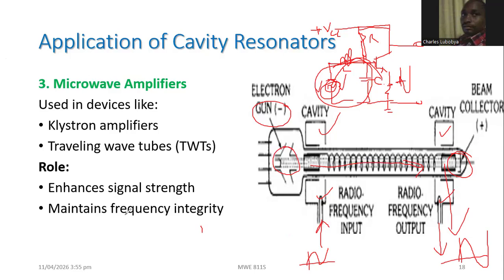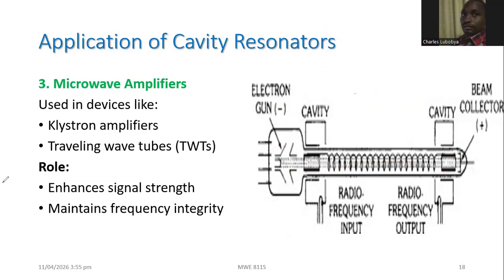So to maintain frequency integrity and enhance signal strength, you make sure that you have the cathode as well as the anode, or the negative and positive polarity, within the crystalline amplifier or traveling wave tube, to ensure that your signal is maintained in terms of oscillation and amplification.